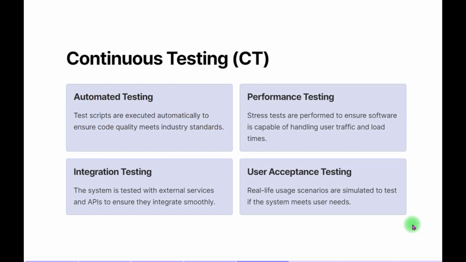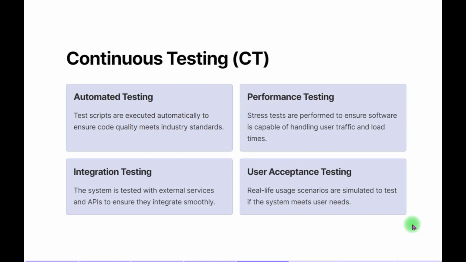This is the stage where you test the developed software continuously for bugs using automation testing tools. Automated testing is a core aspect of continuous testing. There are various testing types: unit tests, integration tests, UAT, that is user acceptance tests, and performance testing.